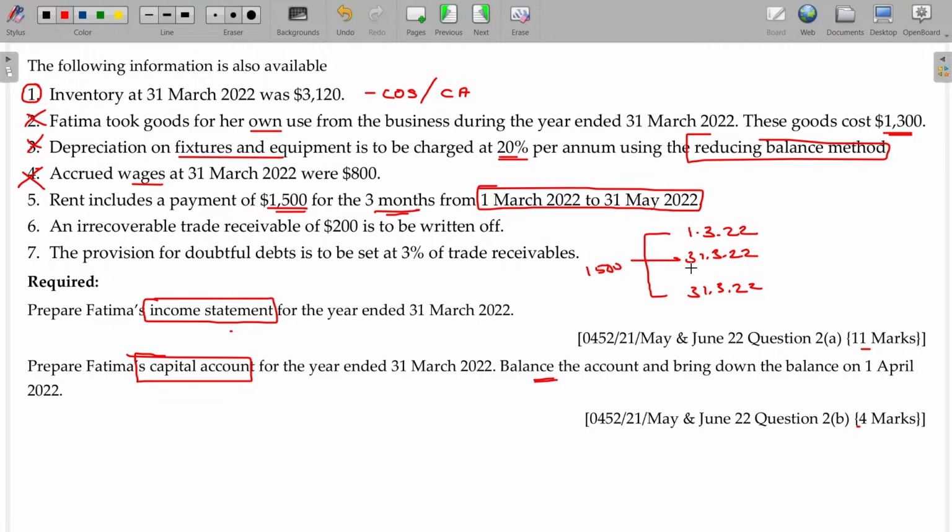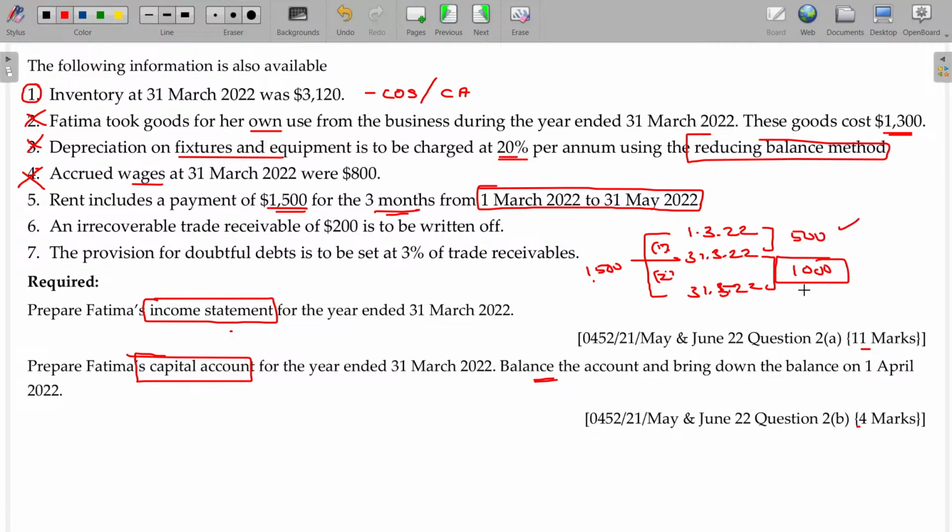Here, only to the extent of this current year will be included as your expense. This may be 1 month. After March we have how many months? 2 months. 1 plus 2, 3 months, 1500, so for 1 month it is 500 rupees. For the remaining 2 months it is 1000. This will be your expense only.